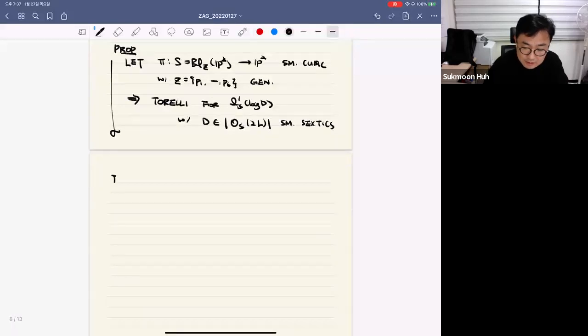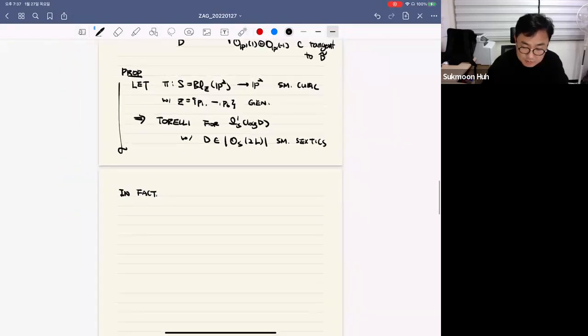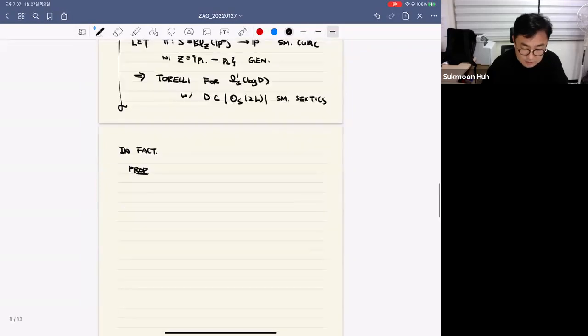And in fact, we can obtain the following proposition. We have Torelli for this logarithmic bundle.